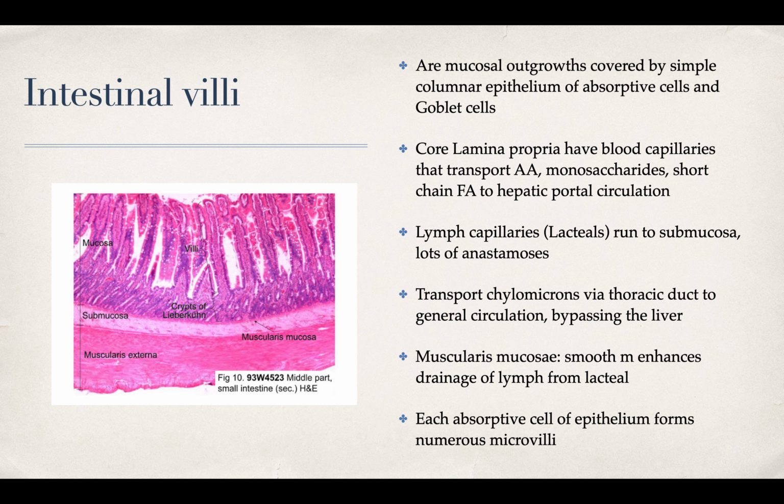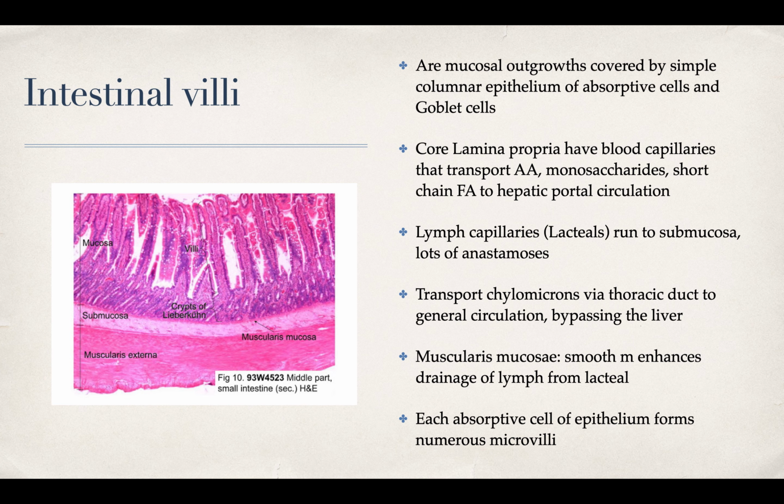Okay, so the villi are going to be mucosa overgrowths, and they are covered by a simple columnar epithelium, along with the absorption cells and the goblet cells. The core will have the blood vessels that transport the amino acids and other things to the hepatic portal circulation.